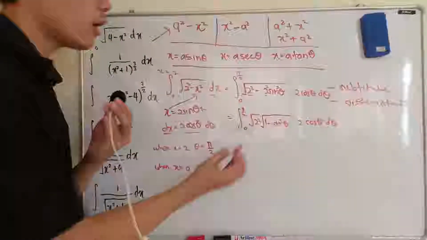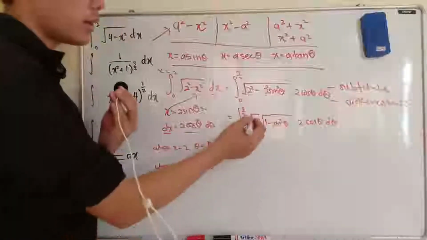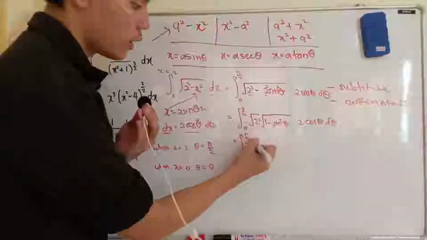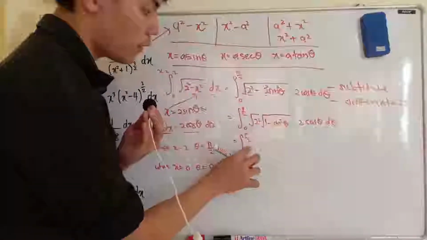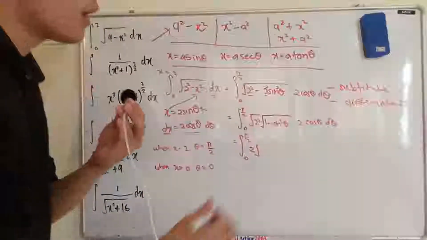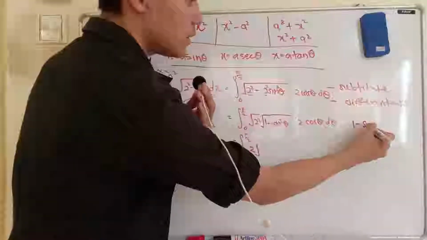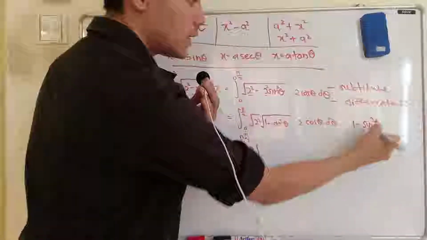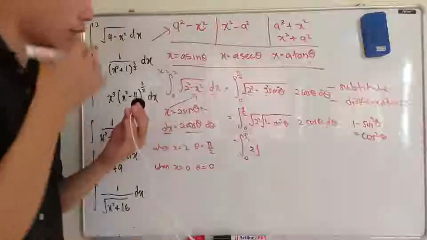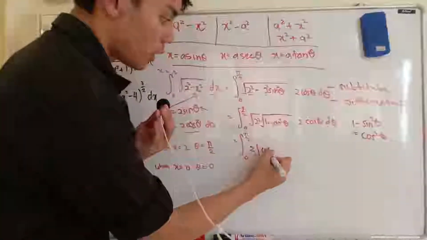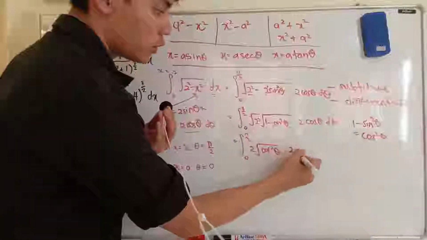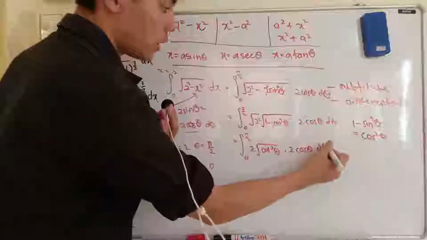Your 1 minus sine square theta is actually cos square theta, so you just substitute it in, and you have 2 cos theta d theta.